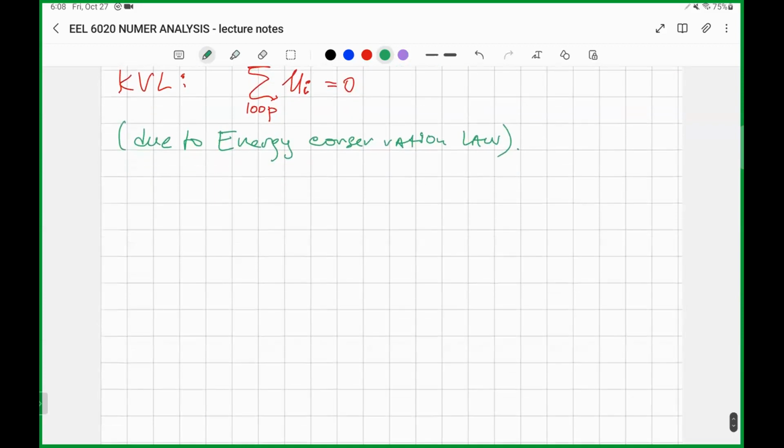So I suggest that we use this Kirchhoff's law to analyze a simple circuit consisting of a generator, inductor, resistor, and capacitor.